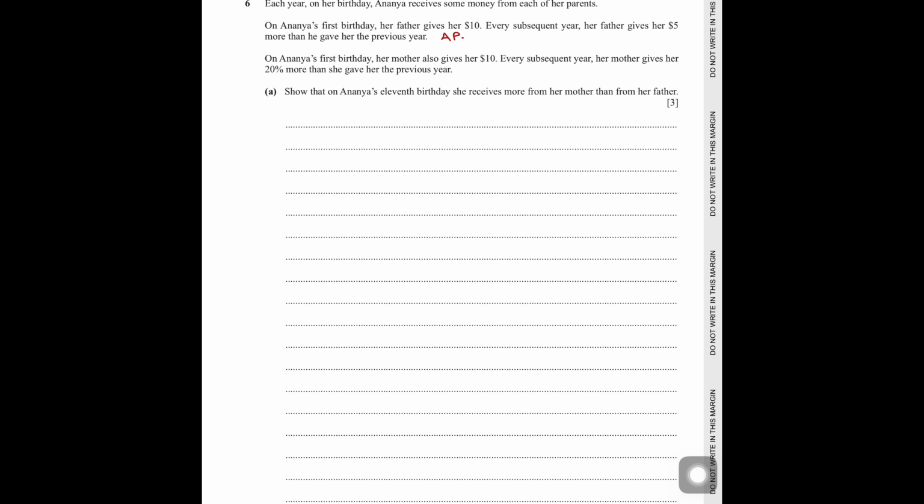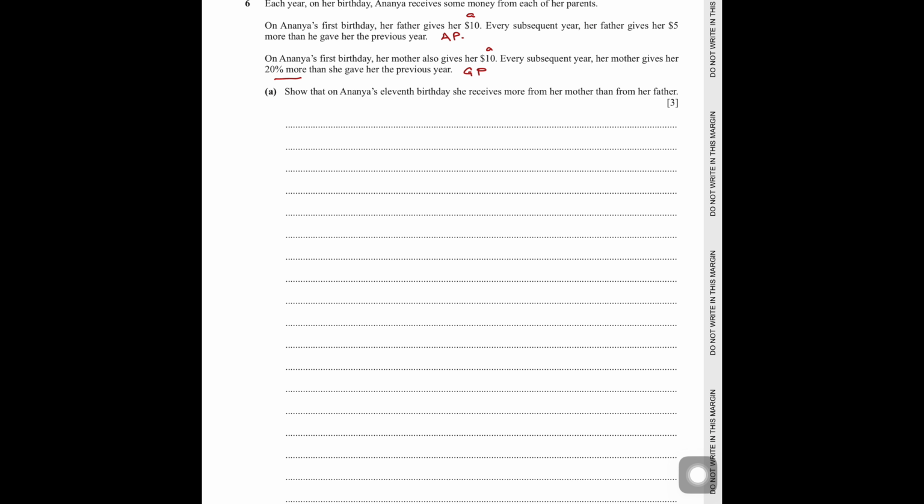On Ananya's first birthday, her mother also gives $10, so A was 10 here also. Every subsequent year, her mother gives 20% more than she gave her the previous year, which is a GP. Show that on Ananya's 11th birthday, she receives more from her mother than from her father.